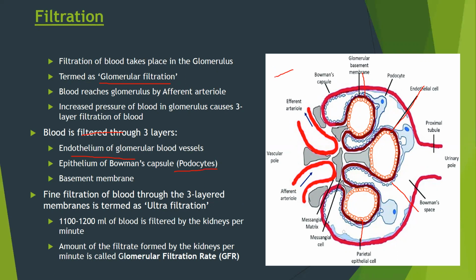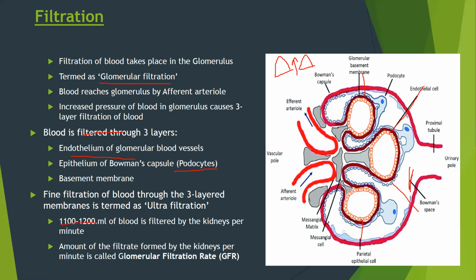The structure of these podocyte cells is something like this. In between the podocyte cells, there is a slit, the filtration slit. Through this slit, the liquid passes and comes into the Bowman's space, and from here it goes into the tubule.